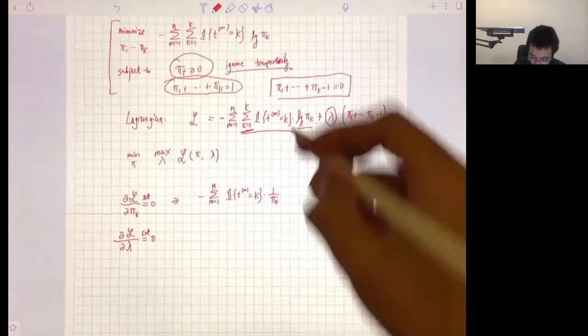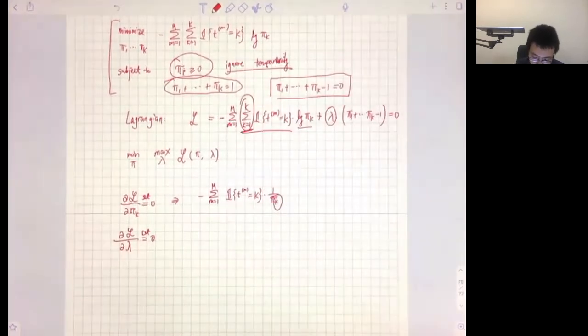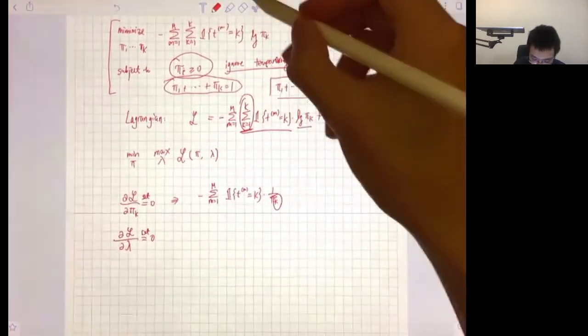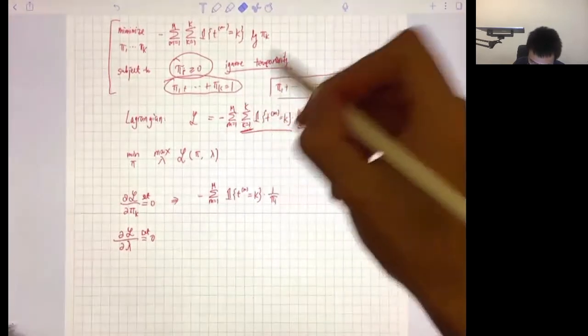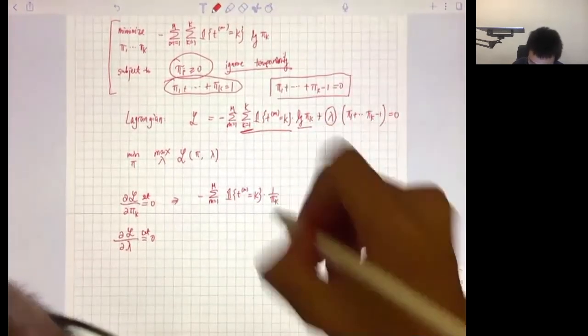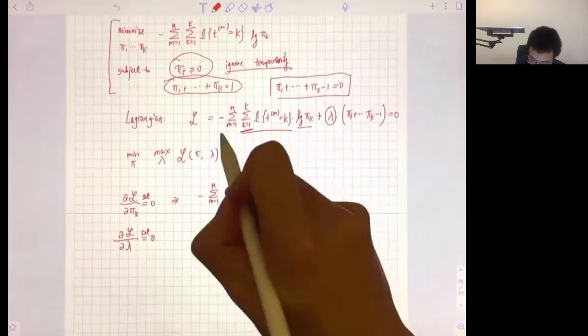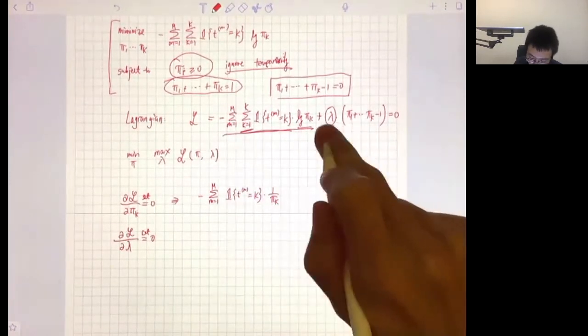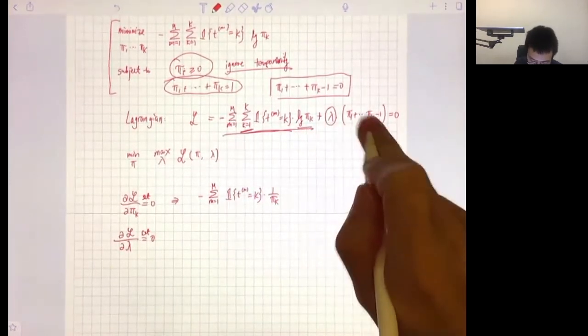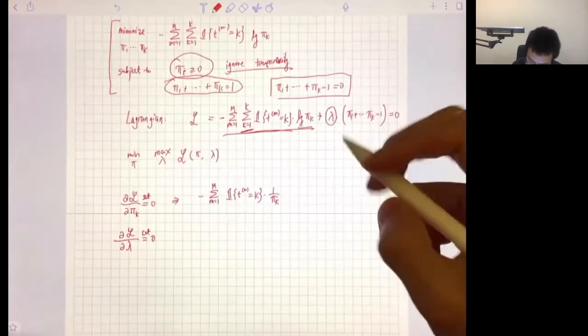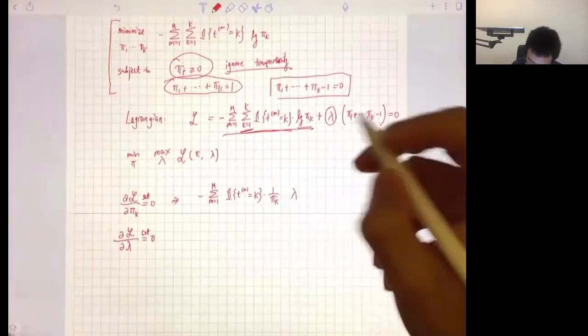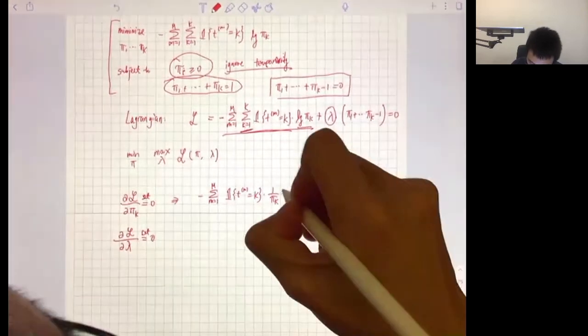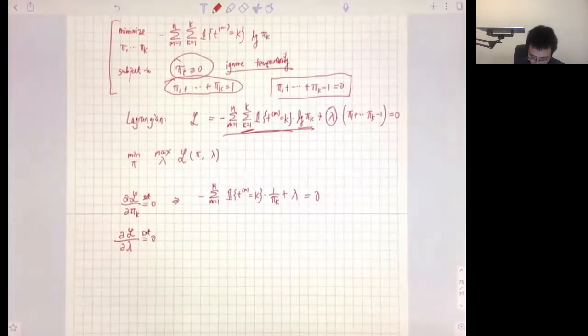If this k is different from the k here, then the partial derivative is 0. This is the partial derivative of the first term. Then the partial derivative of the second term with respect to pi k gives me lambda, so the result is 0.